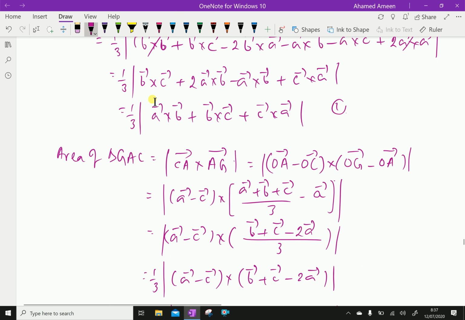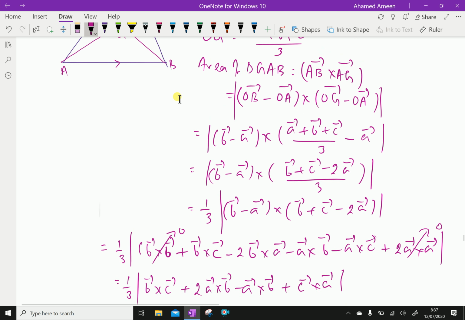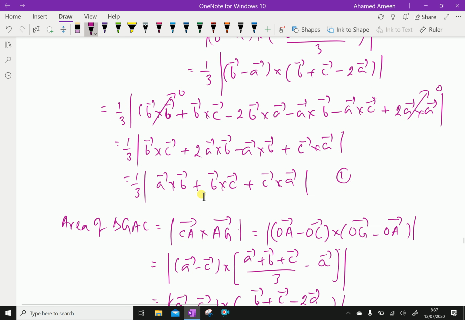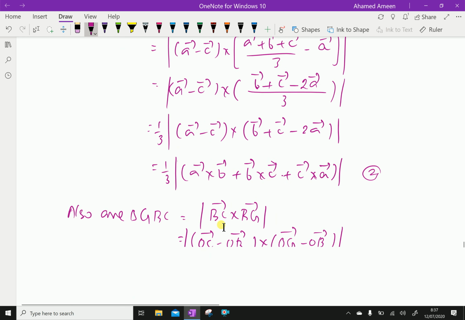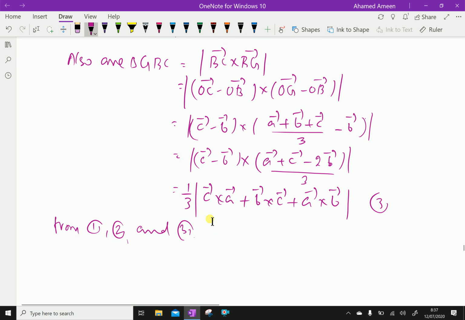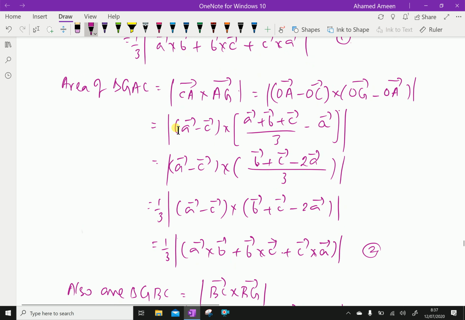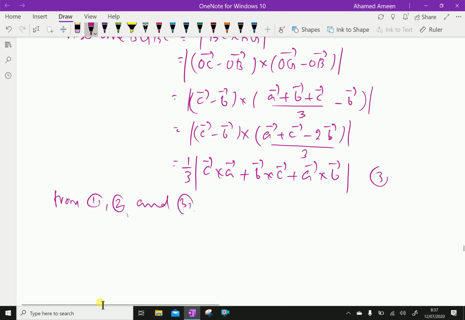That is 1 is here. This one we are having area of the triangle GAB. We got 1/3 of A cross B, B cross C, C cross A. Like area of GBC also we are getting, and area of GBC as well as area of GAC all having the same result.